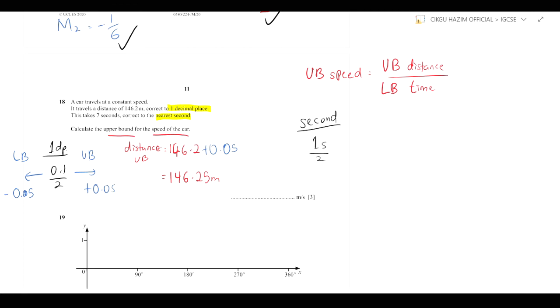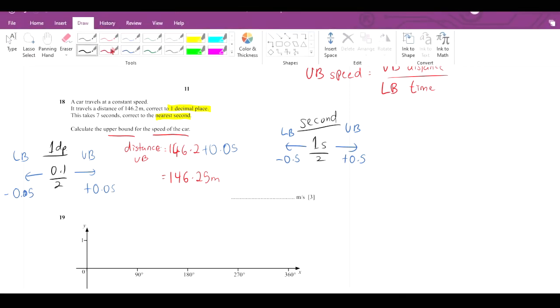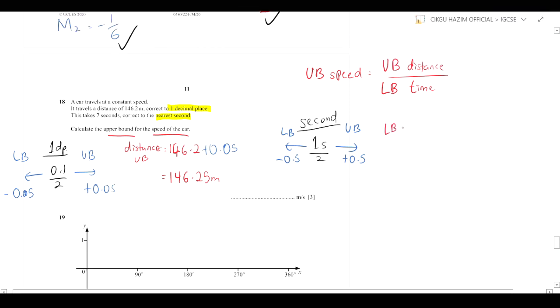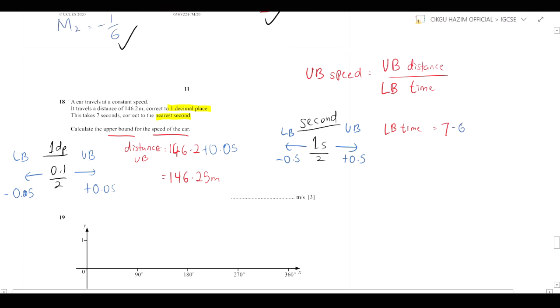Divided by 2, we have 0.5. So for your upper boundary, plus 0.5 second and your lower boundary, minus 0.5 second. Then what you do next is find the lower boundary of time. Lower boundary of the second will be 7, then minus, remember that, minus 0.5 second. Then your lower boundary of time here is 6.5 seconds.